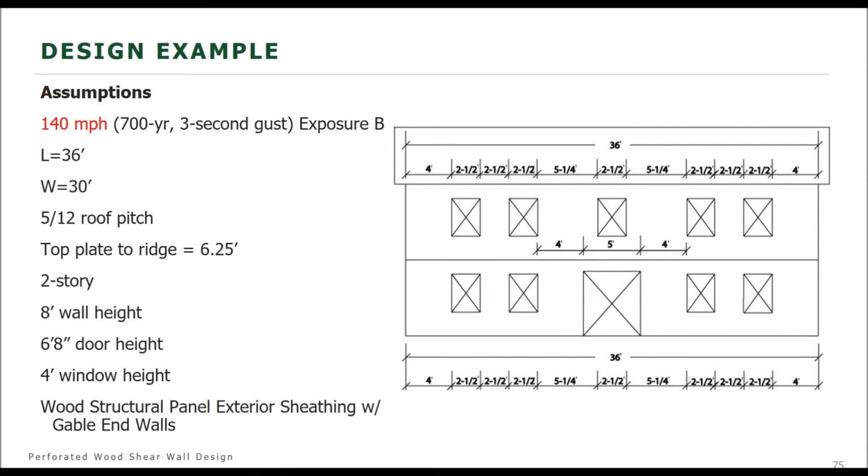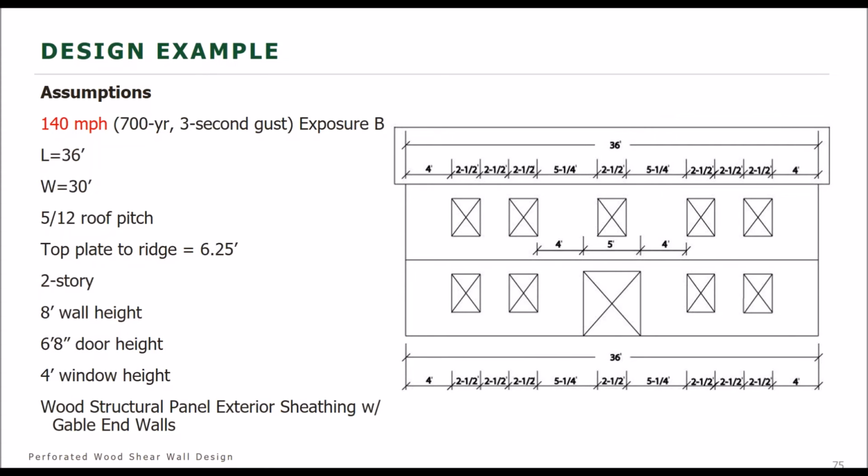So let's take a look at the structure we're going to design. It's similar in shape and size to our other building, but it's got some slight differences. This is actually our old WFCM house, and the wall we designed earlier was out of the new one. But this is an example house that we've used in the past, and a lot of you have probably seen it. So our wind speed on this example is 140 mile per hour exposure B. The length of the wall that we're designing is 36 feet.